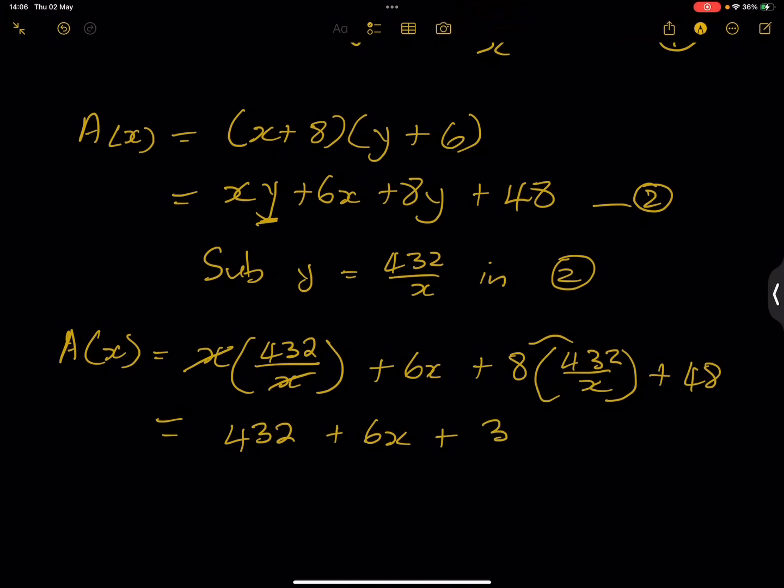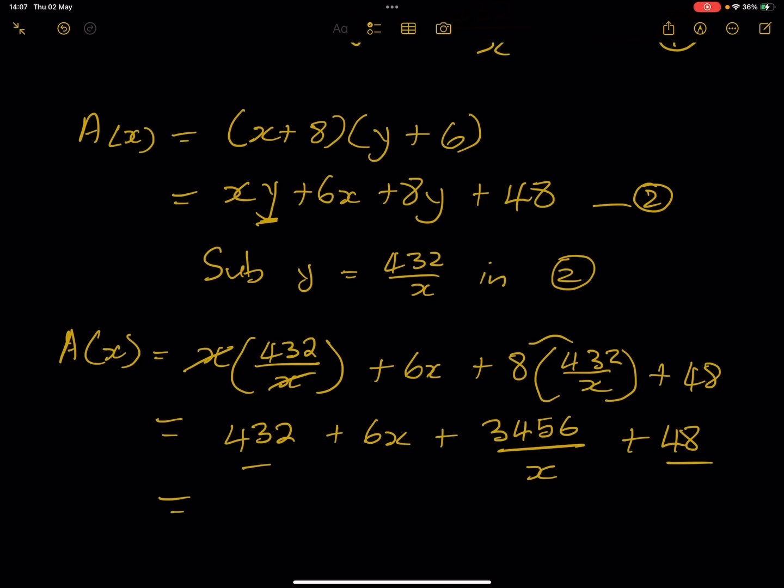It's 3,456 over x, right, plus 48. And finally, right, let's add all our like terms. So I've got 432 plus that 48 there.